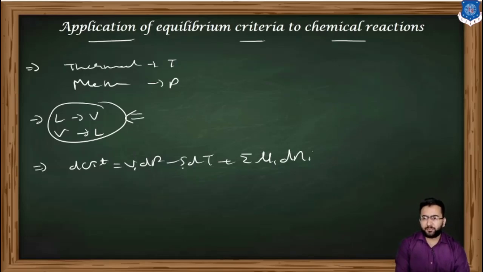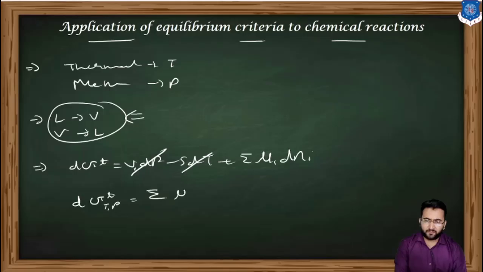At constant temperature, the SdT term is cancelled. At constant pressure, the VdP term is cancelled. So we can say that dGt at constant temperature and pressure is equal to summation of mu i dni. Now we already derived in the previous lecture that dni is equal to vi d epsilon.